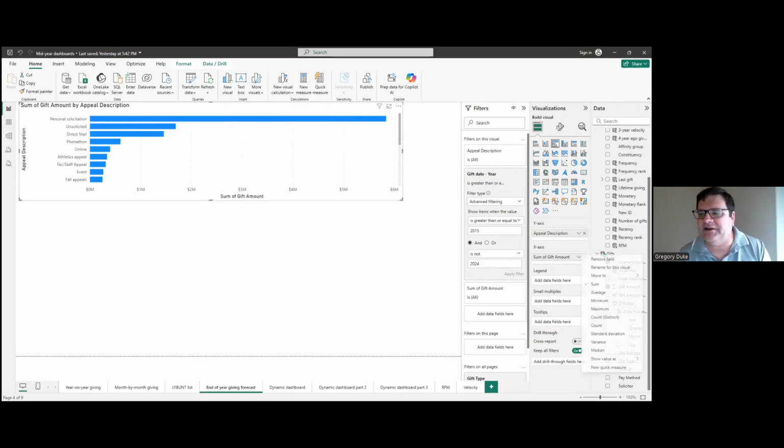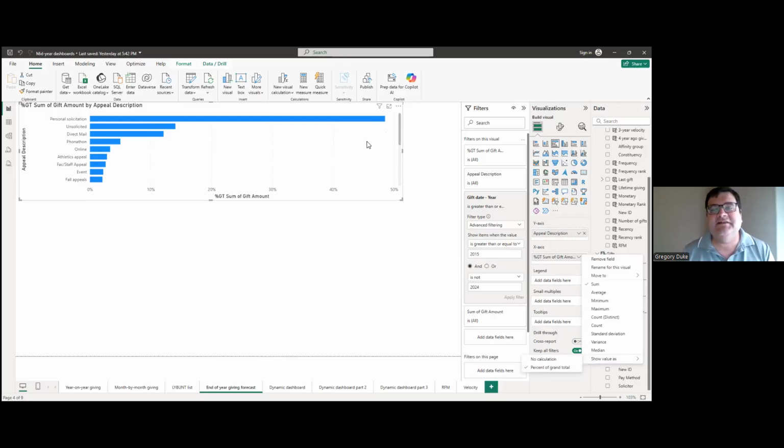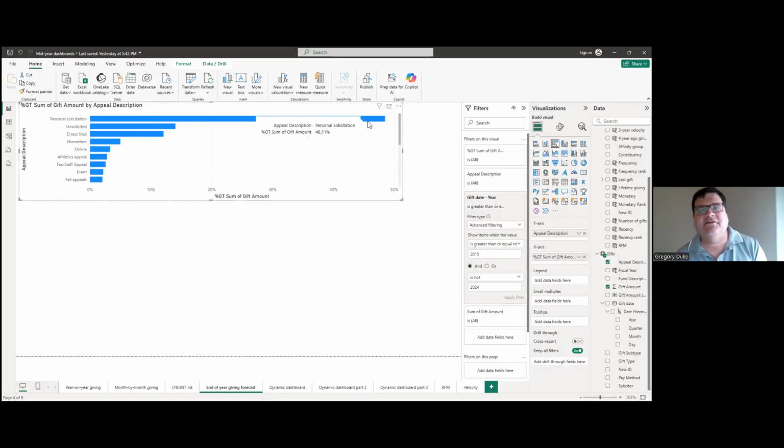And by the way, we can make that a percentage by showing the value as, going into the x-axis, choosing show value as, and looking at percentage of grand total. So we can see that almost half of all of our gifts in the last 10 years have come through personal solicitation.